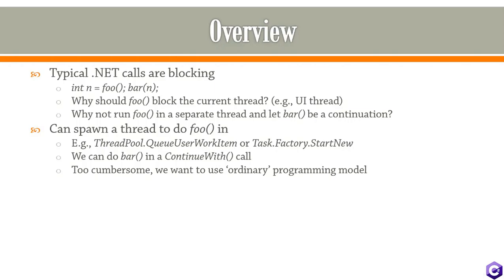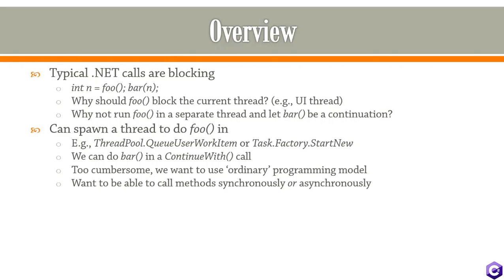We don't want to juggle lambdas or create separate objects or any of that stuff. And in addition, we also want the flexibility to take these methods, foo and bar, and either call them synchronously on the current thread, thereby blocking the thread, or asynchronously. So we want to be able to have this choice without having to switch from some external structure and writing it one line after another.